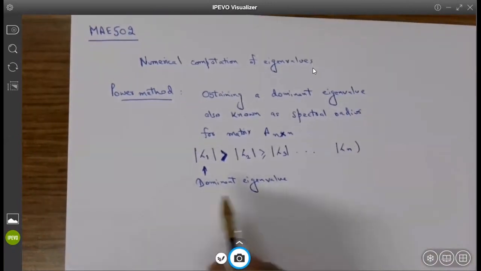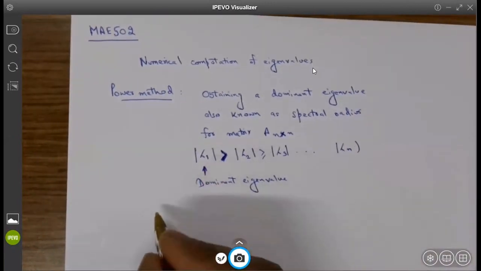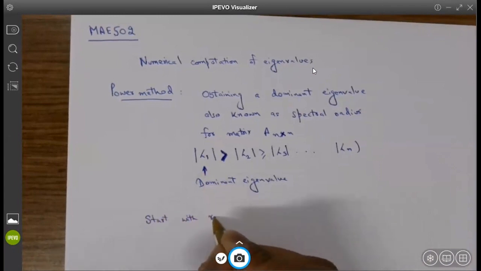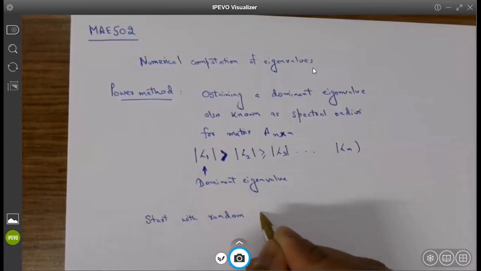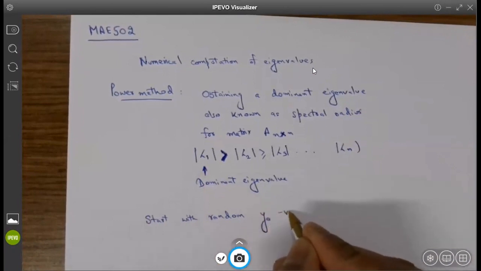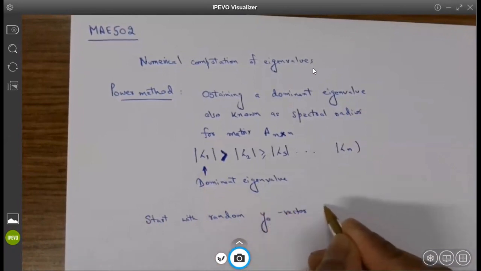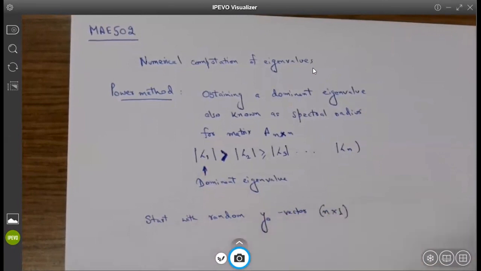And we saw that we can determine this by using a specific algorithm where we actually start with a random y0 vector of dimension n cross 1.